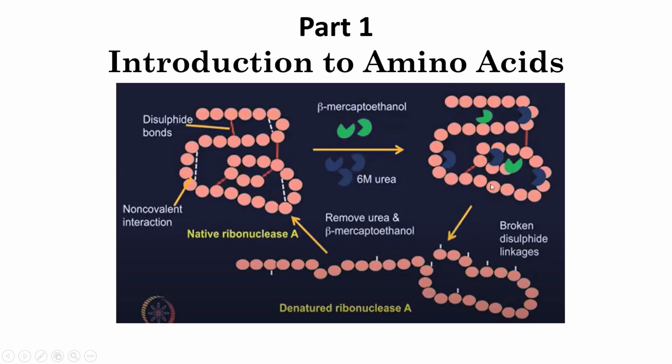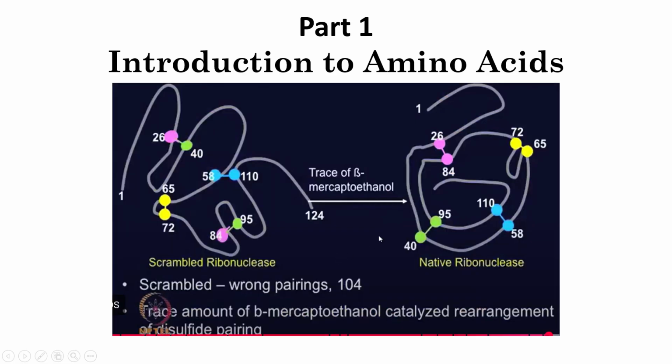When you remove the urea and beta mercaptoethanol, the protein will be reformed again. If there are traces of beta mercaptoethanol, you can get scrambled ribonuclease, which is the protein they are targeting.